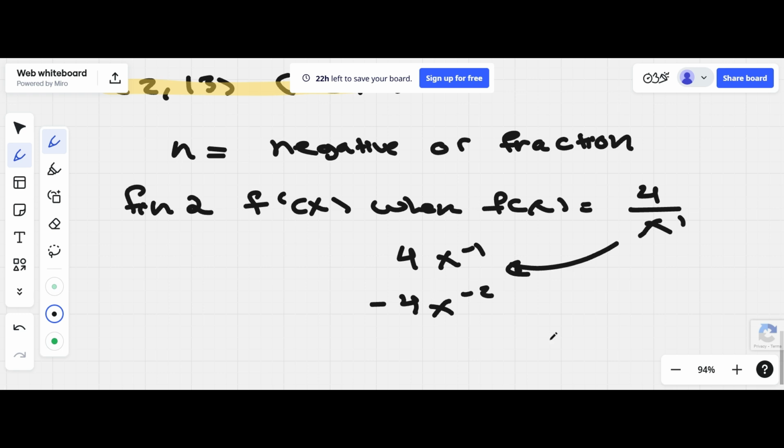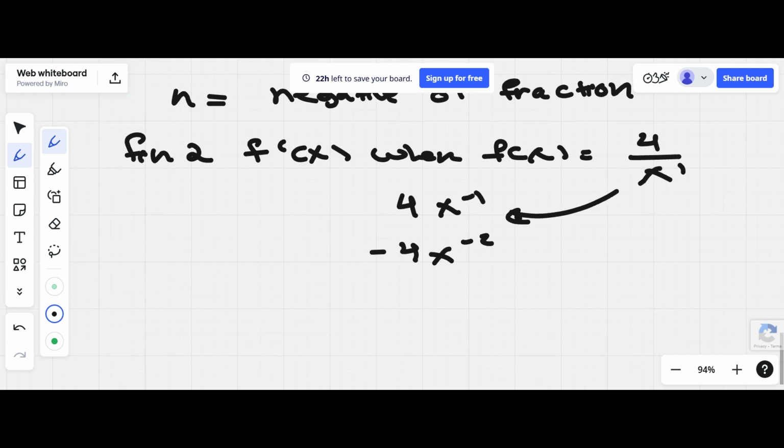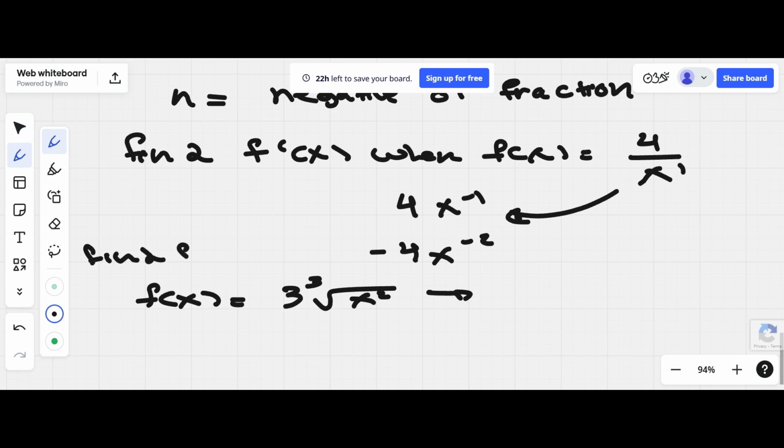Okay. So what happens if it's a fraction? For example, let's say f(x) equals 3 times the cube root of x squared. Find f prime of x.